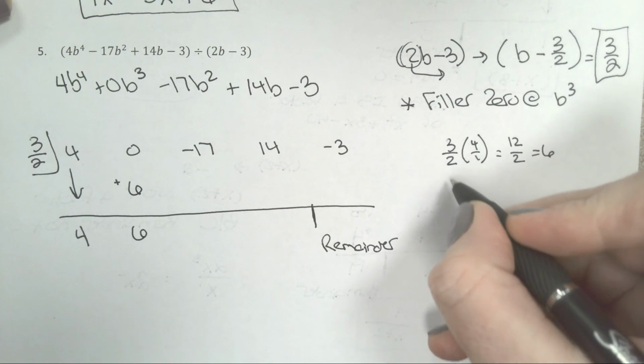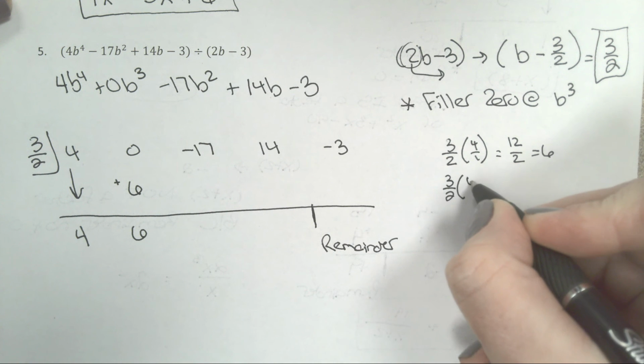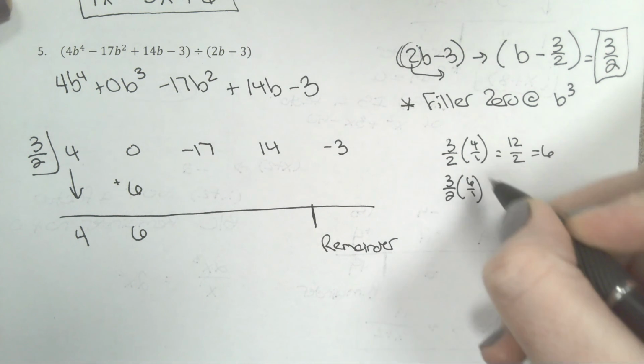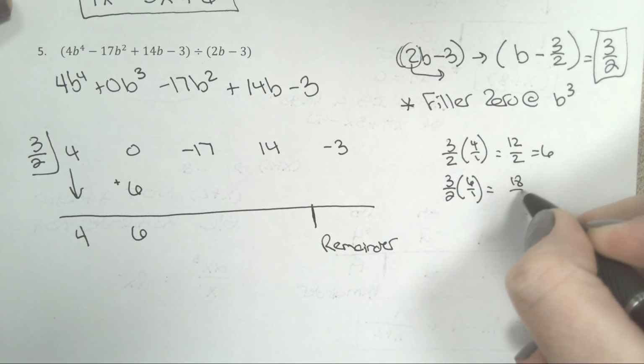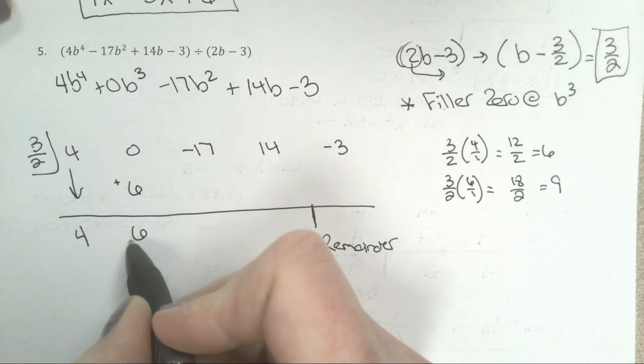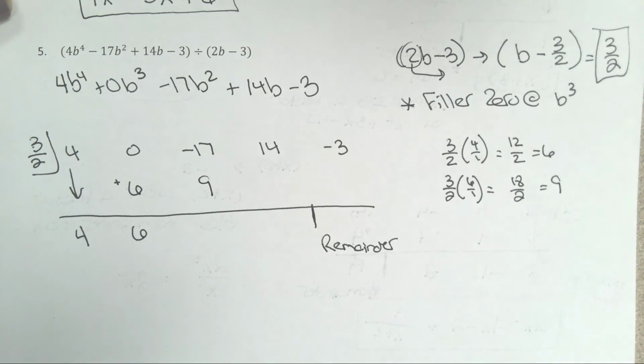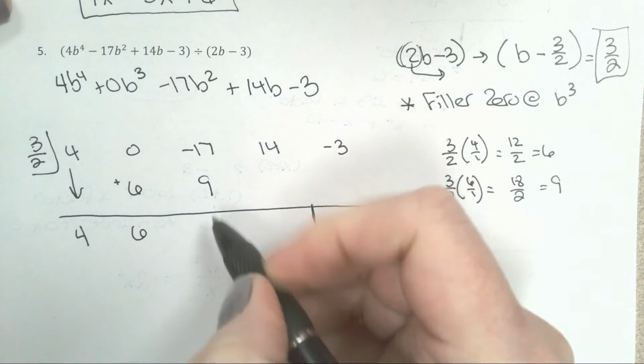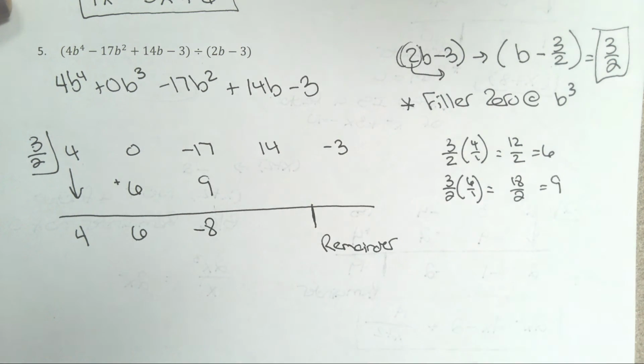Multiply. 3 halves times 6 is 18 halves, which equals 9. 3 halves times 6 equals 9. That goes there. And add down. Negative 17 plus 9 equals negative 8.